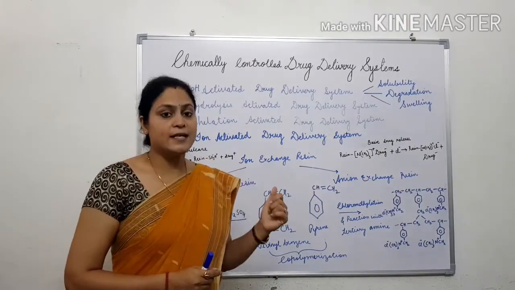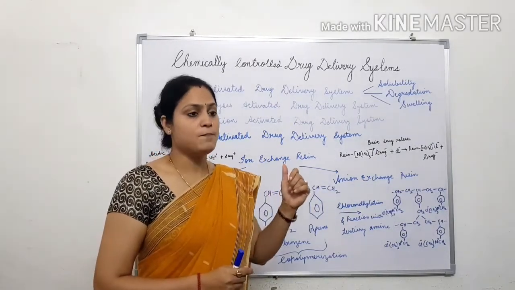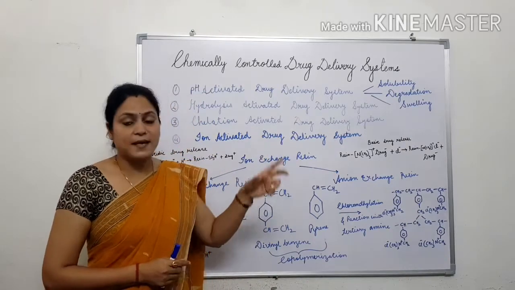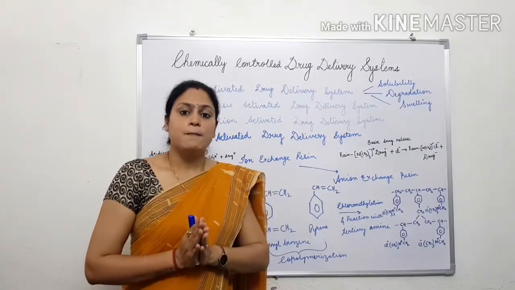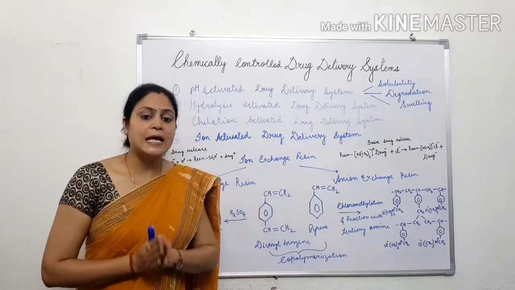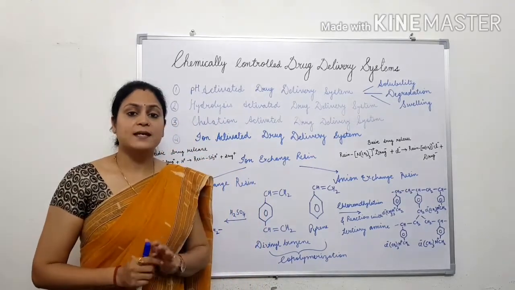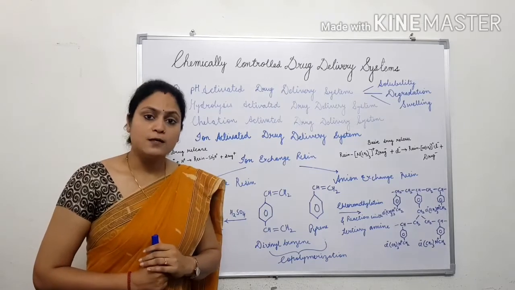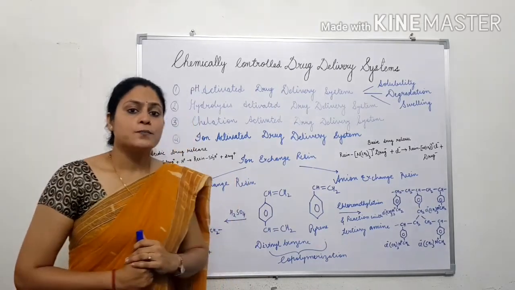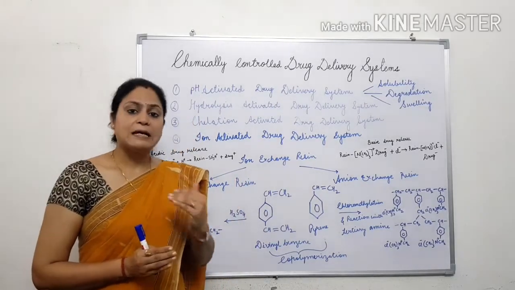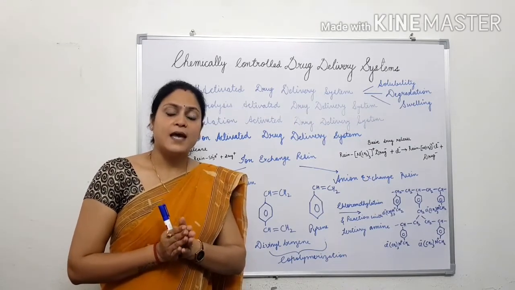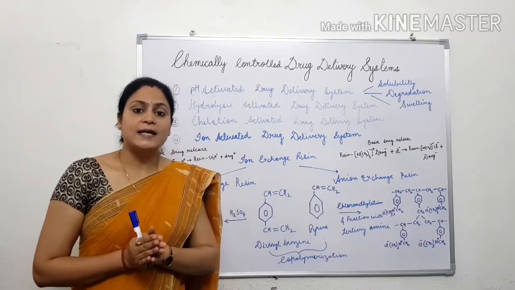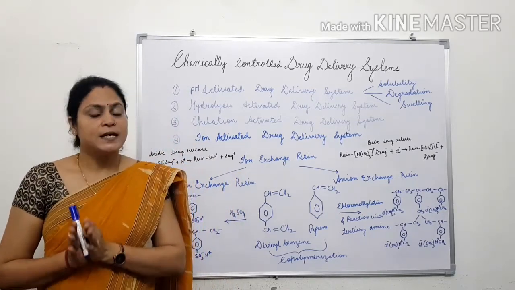These swelling dependent drug delivery systems are based on the principle that most of the polymers may have certain weakly acidic or weakly basic groups in their polymer backbone. So, as we know, the weakly acidic groups have capability to ionize at basic pH.